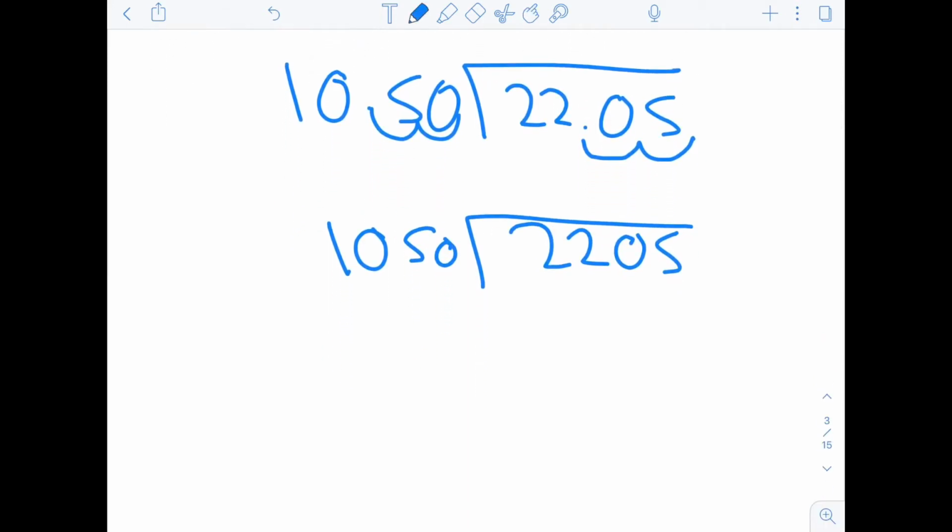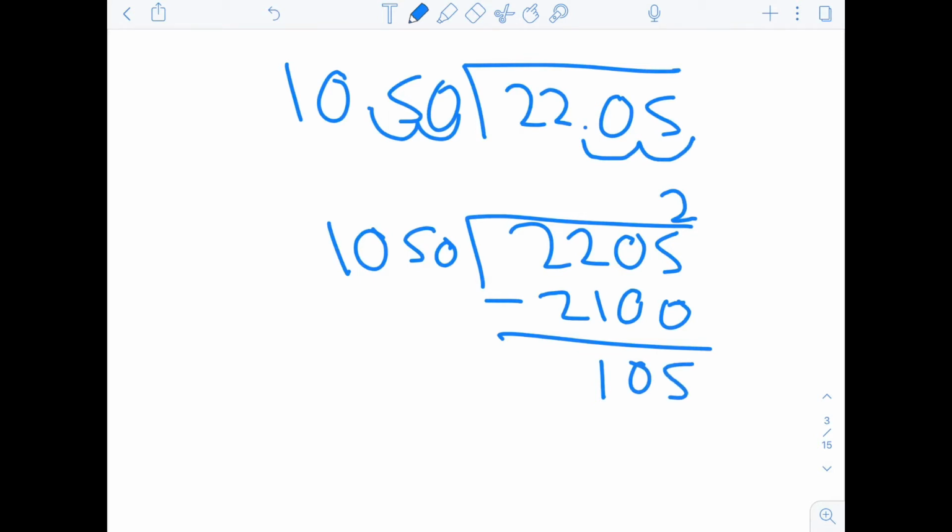So 1050 doesn't go into 2, it doesn't go into 22, it doesn't go into 220, but it does go into 2205 twice. And 2 times 1050 is 2100. And we're going to subtract it and get 105.